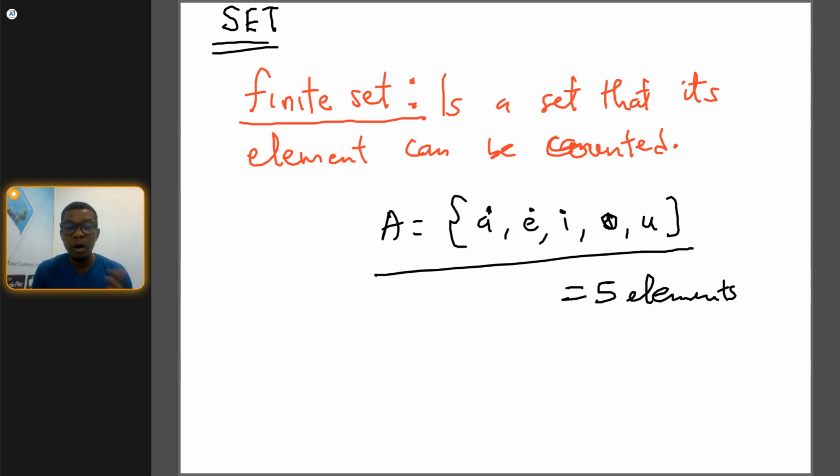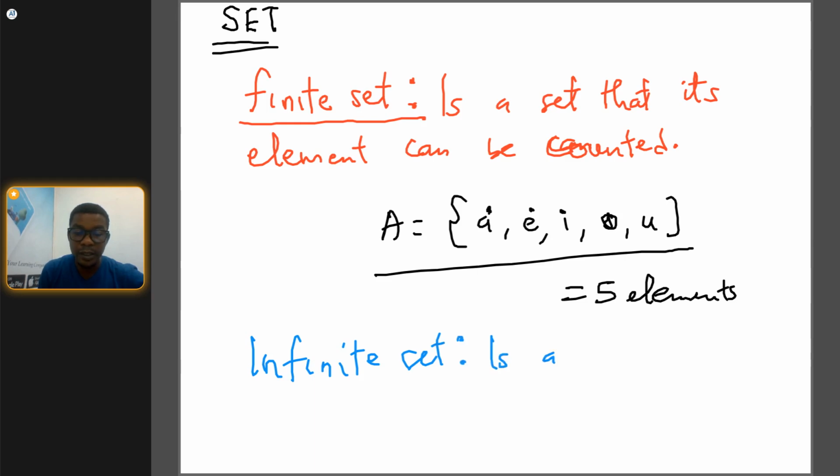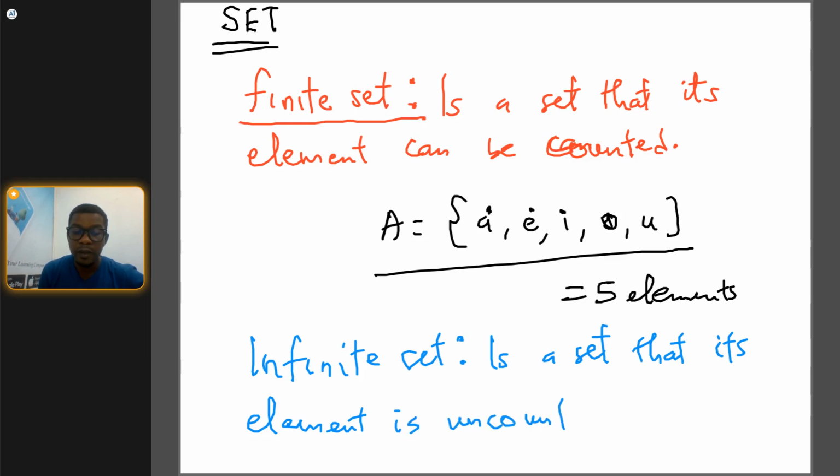So what about an infinite set? An infinite set will be the opposite of a finite set. An infinite set is a set whose elements are uncountable.